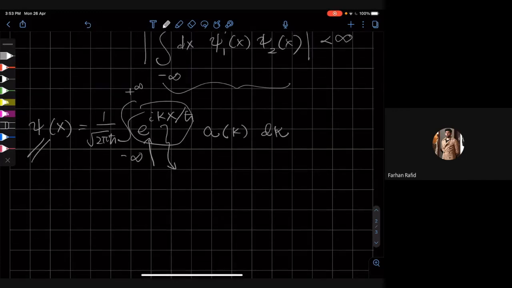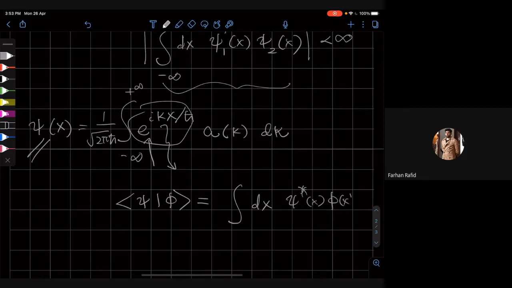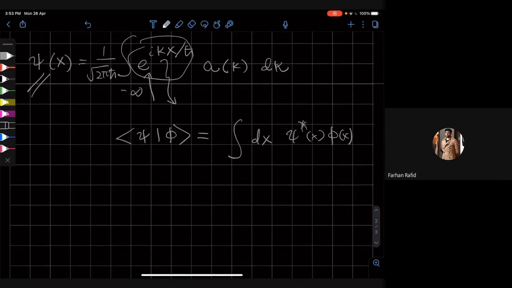And the inner product between two vectors in this space is simply given by this thing. This is a complex number in general, but if I take any of these vectors and compute their norm squared, so if I take psi with psi, then it's the integral dx psi star psi.